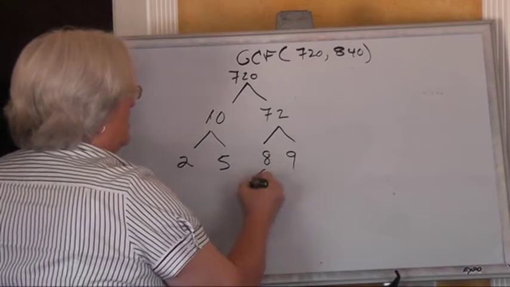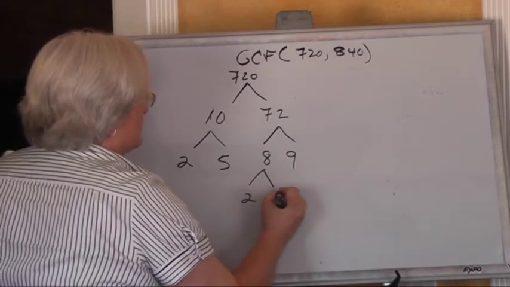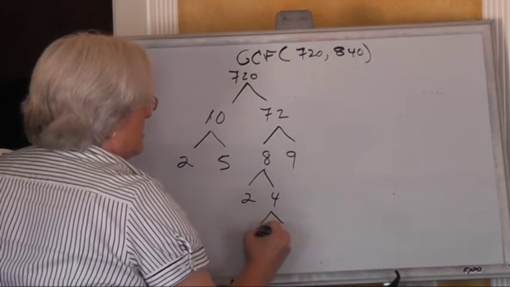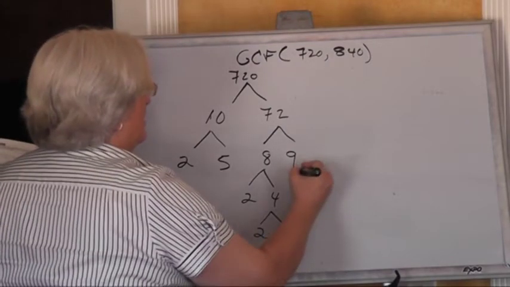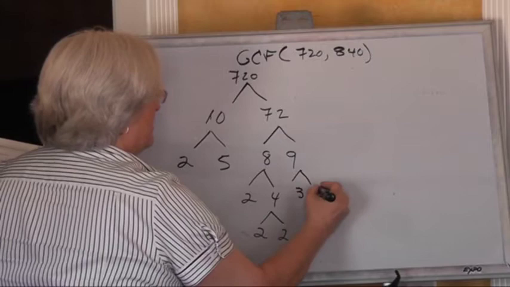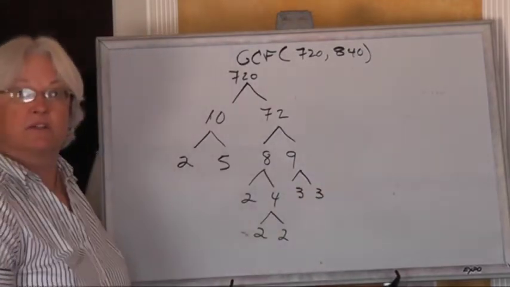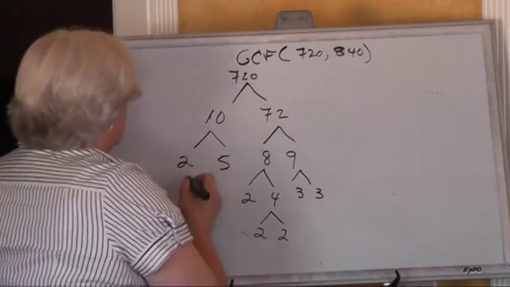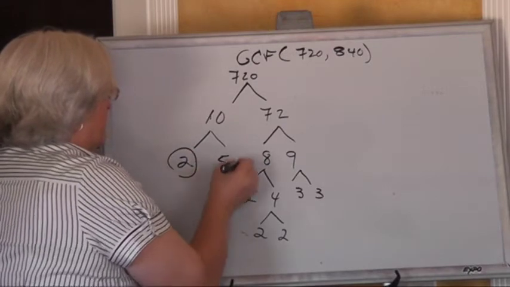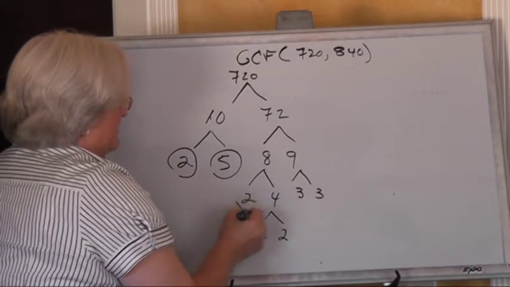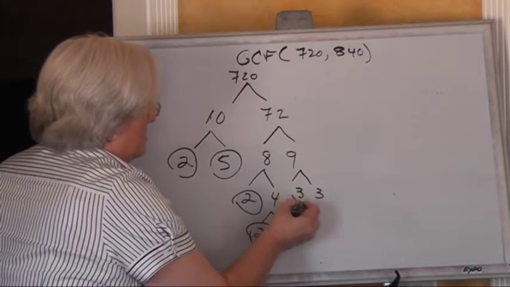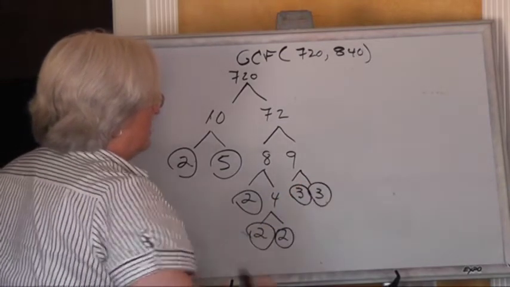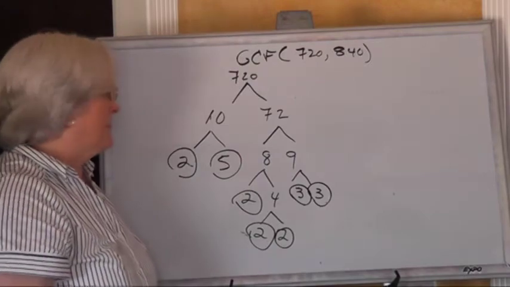No. 8 is 2 times 4. 4 is 2 times 2. Is 9 prime? No. 9 is 3 times 3. Now let's go through and circle all of these factors that are prime. 2 is prime, 5 is prime, 2 is prime, 2, 2, 3, and 3.